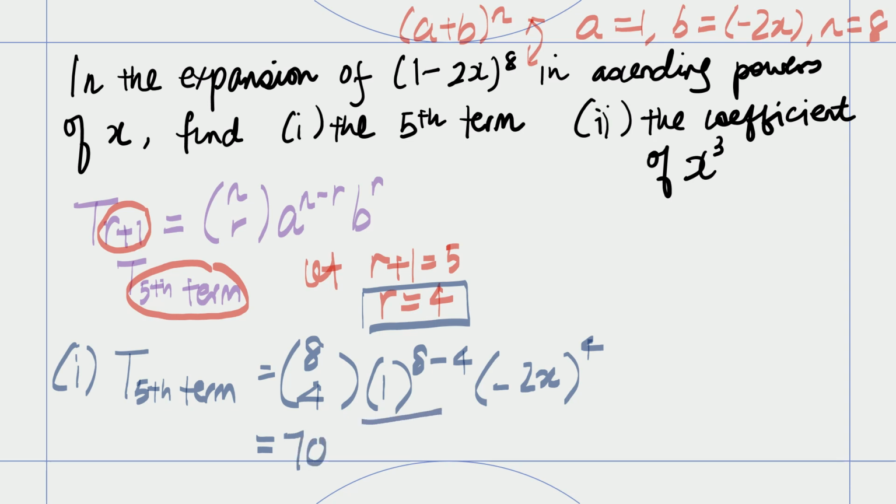So 1 to the power of 4 will be 1, and this one will be bracket negative 2, close bracket to the power of 4, x to the power of 4. This one you apply this rule if you have forgotten.